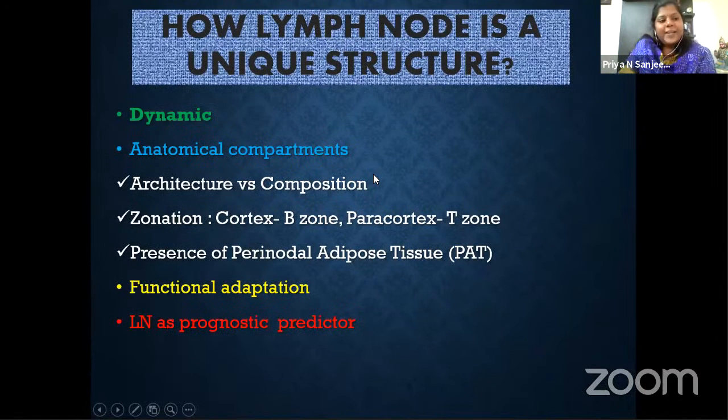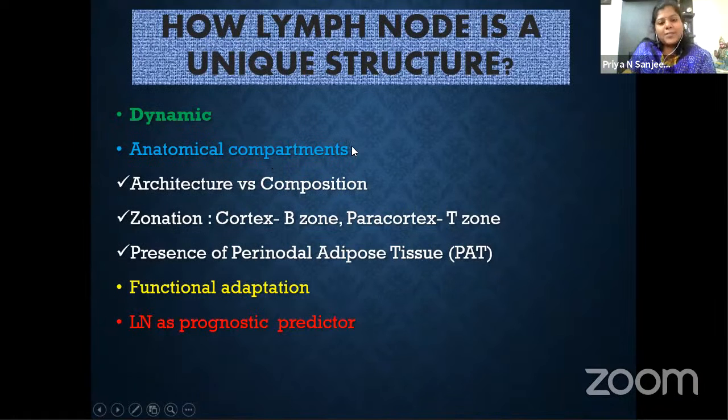Have you wondered any time about an organ which is strategically located and scattered throughout the body in such large numbers? Yes, I'm talking about a lymph node, which is remarkably organized, dynamic, and an immunological organ. They are unique in the sense that they share the concept of compartmentalization or zonation.